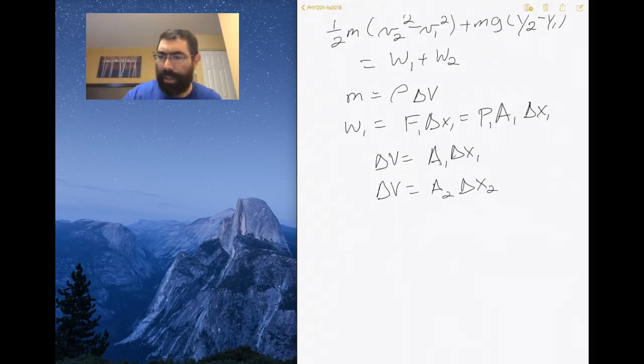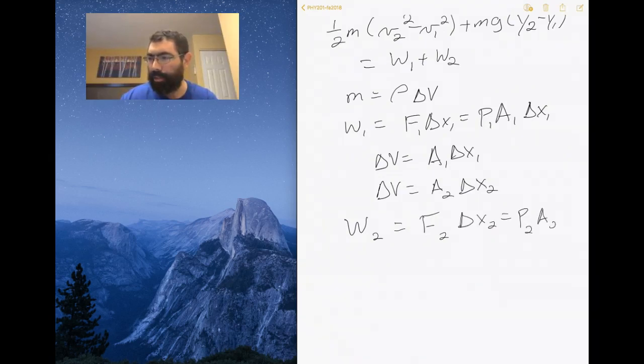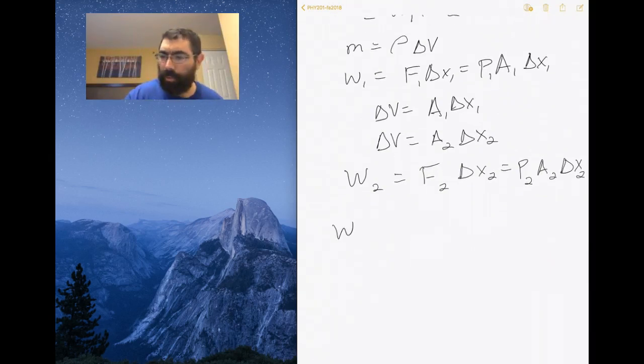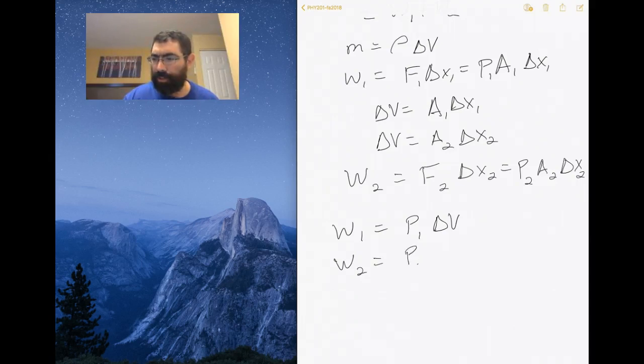Okay, so the last thing we didn't do is the work 2, the work at the other side of the pipe, and that's force 2 times delta x2, which is the pressure 2 times area 2 times delta x2, which means that work 1 is equal to the pressure 1 times the volume, and work 2 is the pressure 2 times the volume.